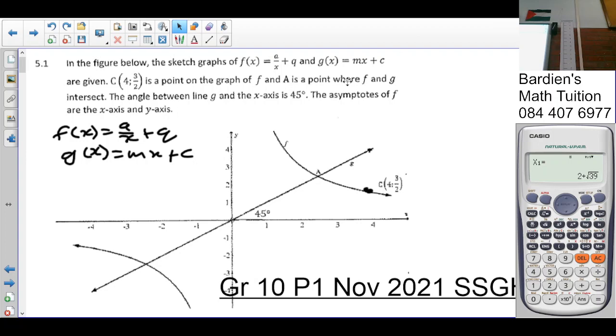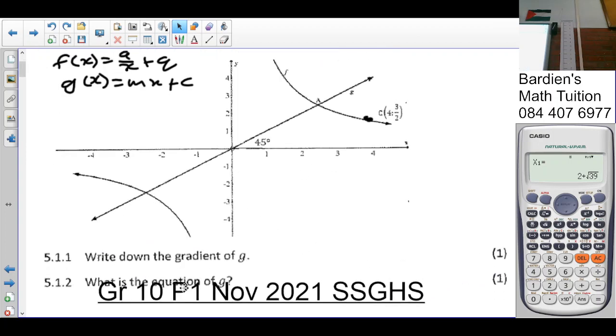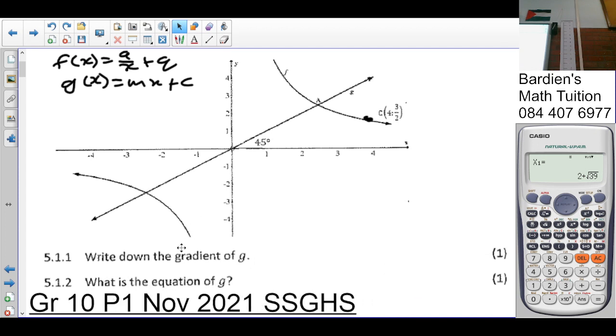The first question says, calculate or write down the gradient of g. Now, if g of x is this line with an inclination of 45 degrees, that means the gradient is 1.